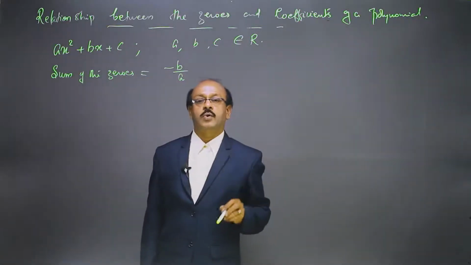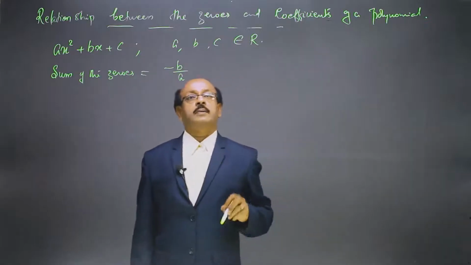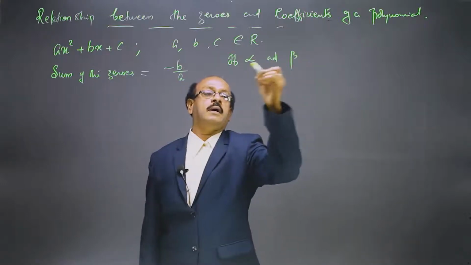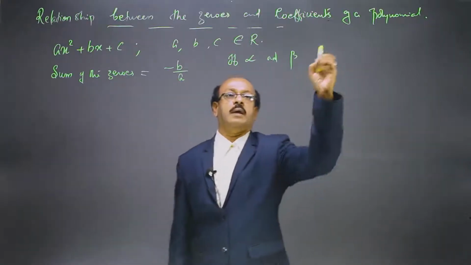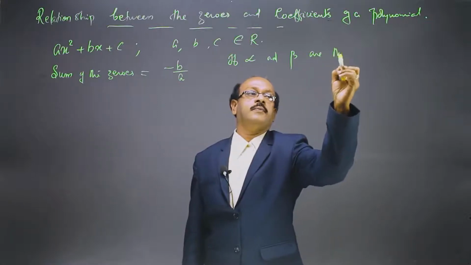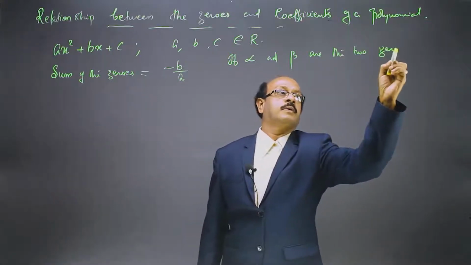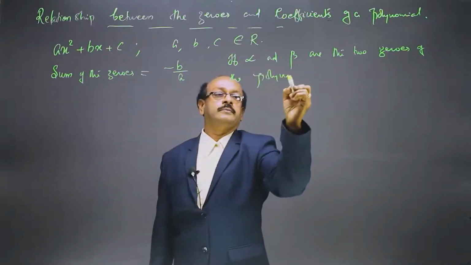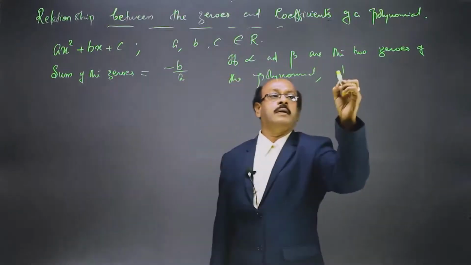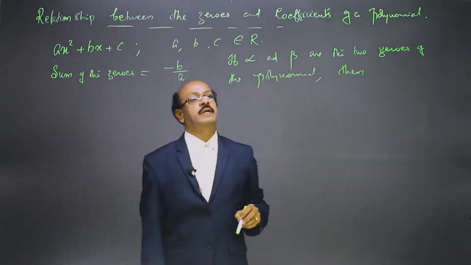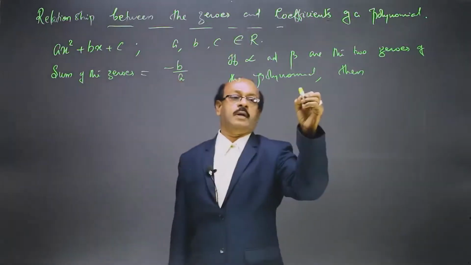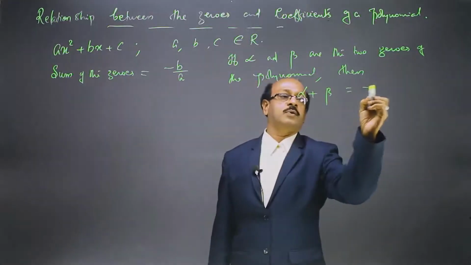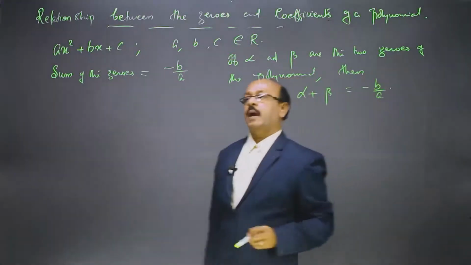If the two zeros we are assuming to be alpha and beta, if alpha and beta are the two zeros of the polynomial, then alpha plus beta will be equal to minus b by a. Alpha plus beta means sum of the zeros, alpha plus beta is equal to minus b by a.